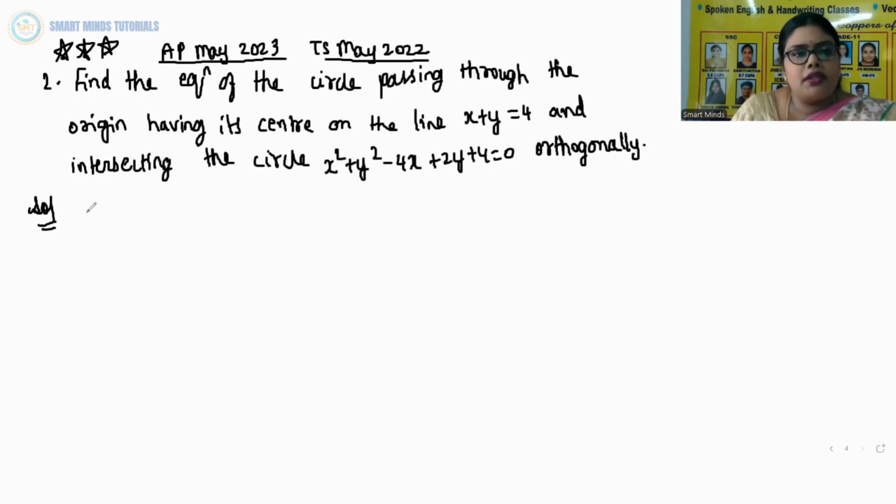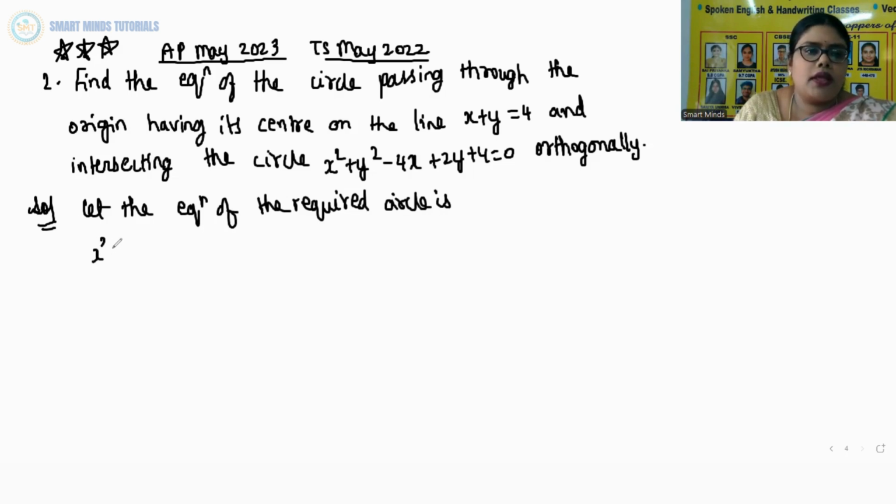So again, we begin the same way. We will take the general equation. So let the equation of the required circle be x square plus y square plus 2gx plus 2fy plus c is equal to 0. This is equation number 1.